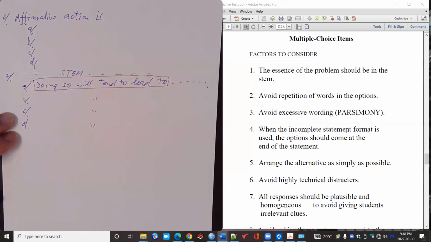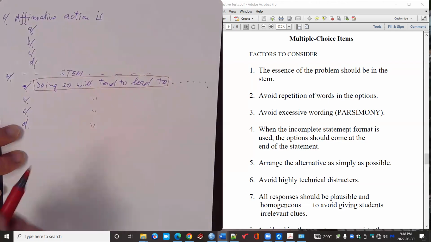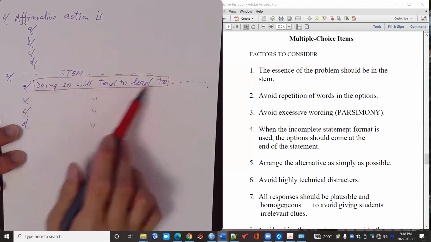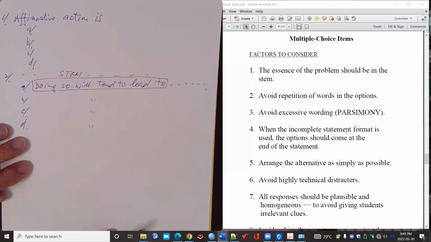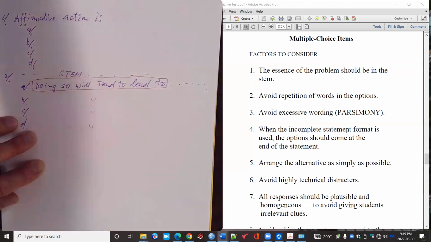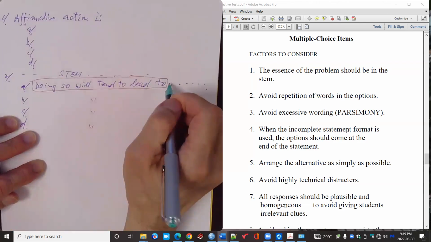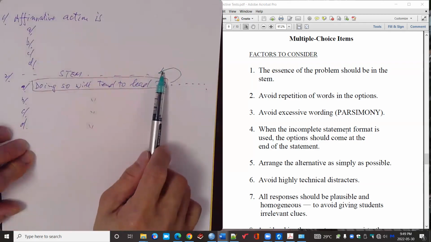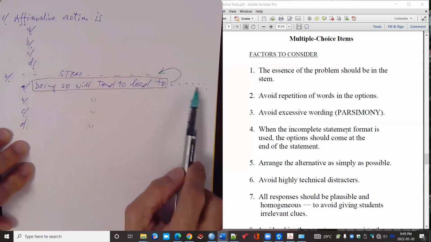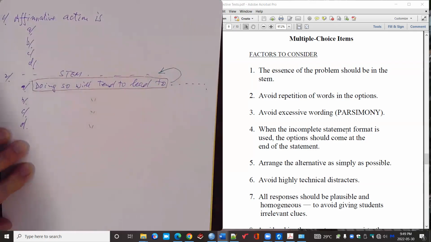All right. So that's repetition of words in the option. These are repetition. So don't do this. Okay, don't do this. It is better to move this into the stem, so that examinees would have to read it just once and then evaluate what follows here. All right, so that's avoid repetition of words in the options.